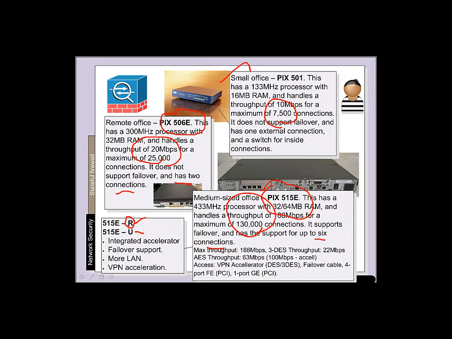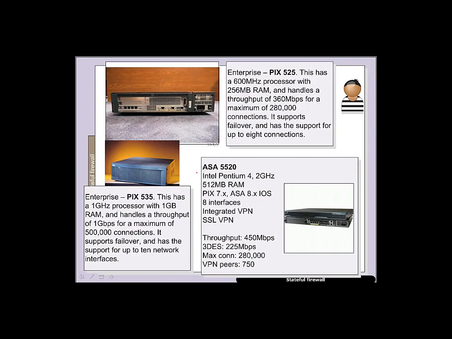The restricted doesn't allow us to have failover or VPN acceleration, where an unrestricted license allows us integrated accelerator, failover support, more LAN connections, and also VPN acceleration. Then we have the Pix 525, which goes up to 280,000 connections and is used on an enterprise type network.